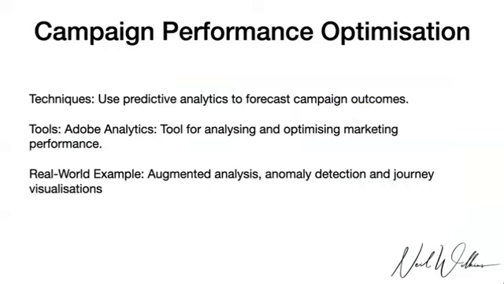So we are going to see, if we choose to do this, campaign performance optimization. We're going to be able to forecast campaign outcomes. We're going to be looking at things like Adobe Analytics, for example, which is a tool you can use for analyzing and optimizing your marketing performance. And we can then be using this to augment analysis over the top of it, in other words, putting scenarios in. So if I was to maybe up the price mid-campaign, how would that play out based on past performance?